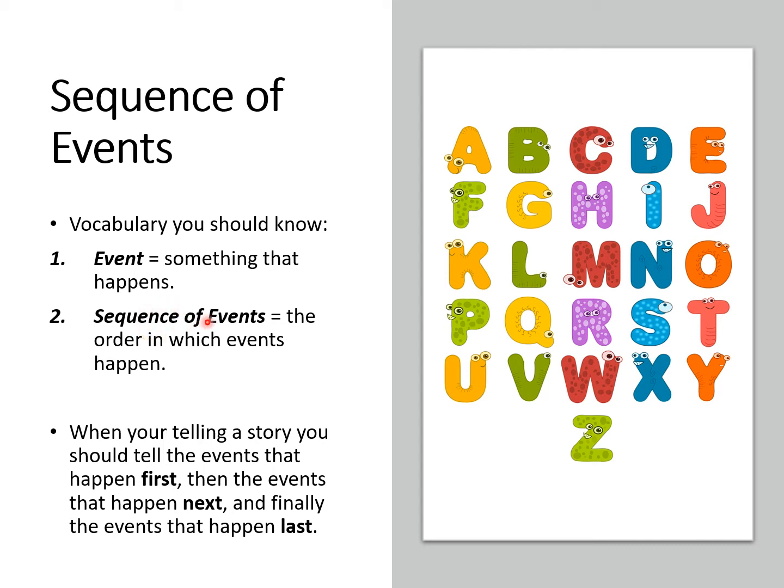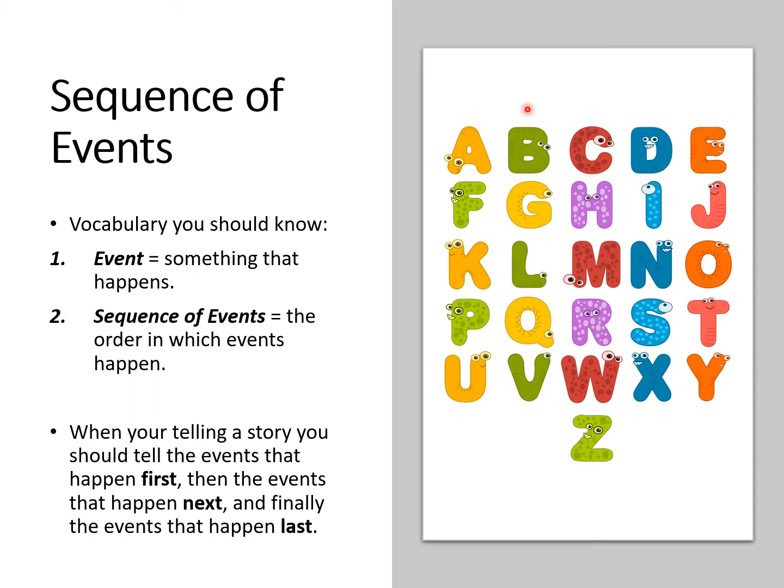Now the sequence of events is the order in which those events happened. First, I woke up, then I took a shower, and the last thing I did was brush my teeth. As you can see here on your right, you have the alphabet from A to Z, and the alphabet is in order.